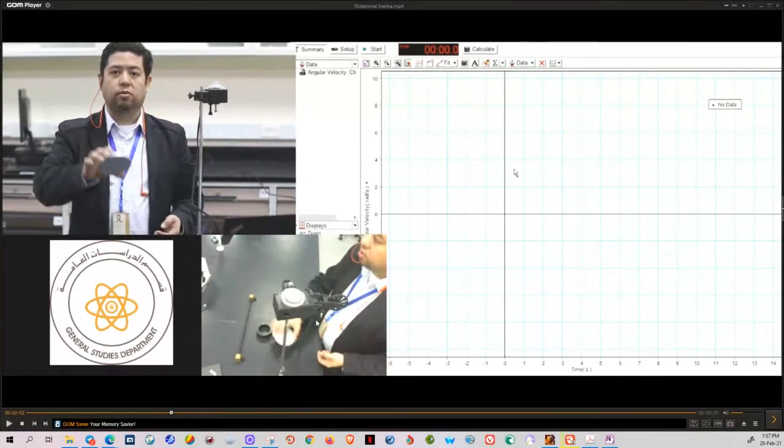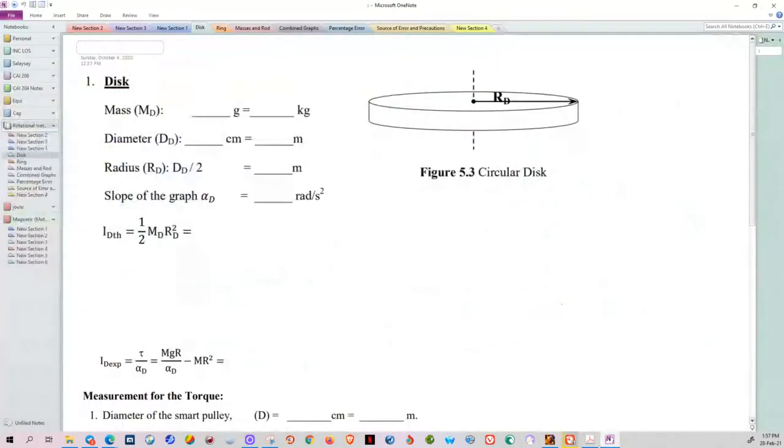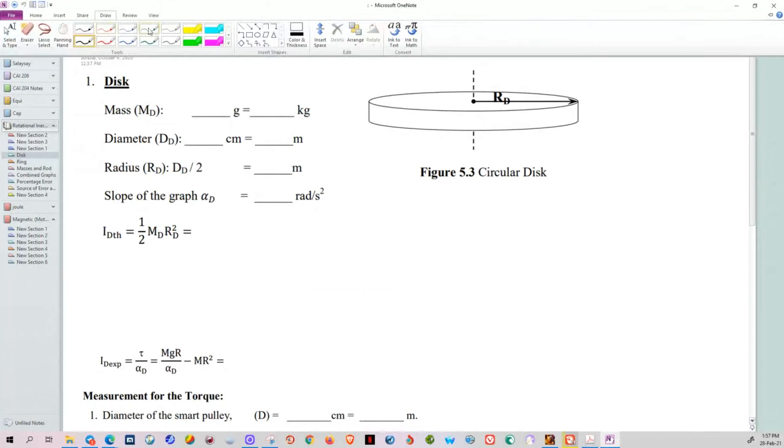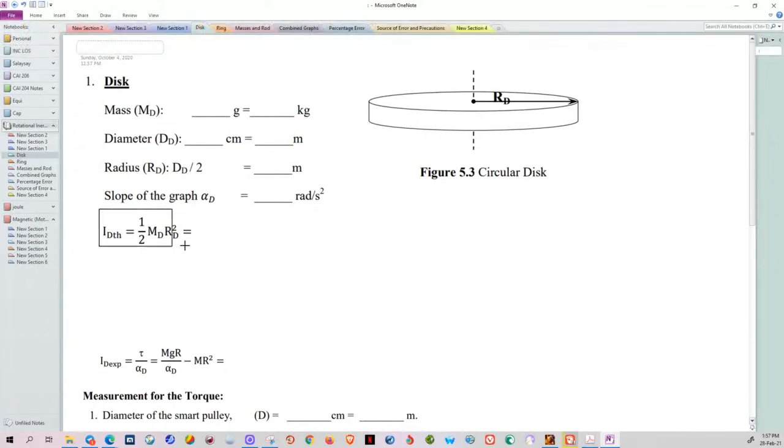Osama? Yes. Okay, good. So once everything is measured for the torque, let's go to the disc. That's the first shape that we are going to calculate the inertia, okay? To calculate the inertia of the disc, you need this measurement. This is the rule.